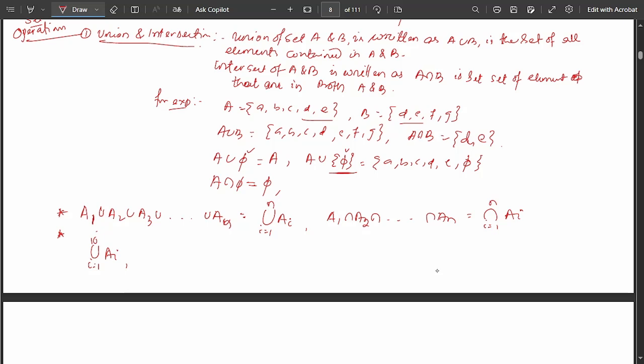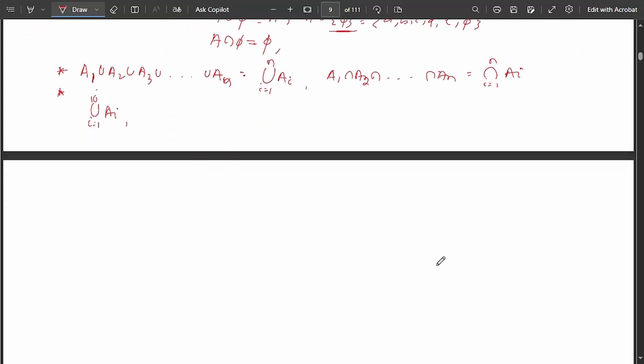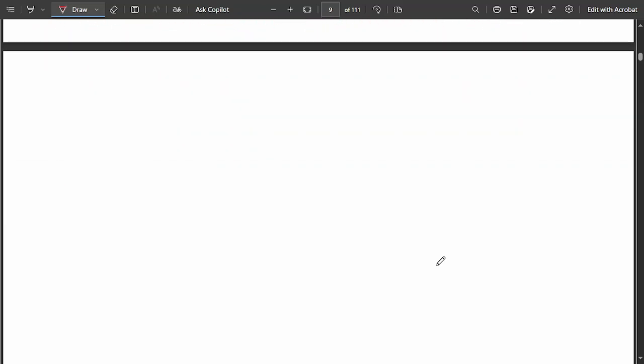Now I have some properties and problems on union and intersection. Suppose for any sets A, B and C, these are not problems, these are properties actually, of union and intersection.